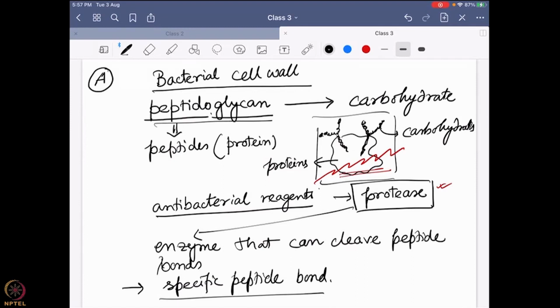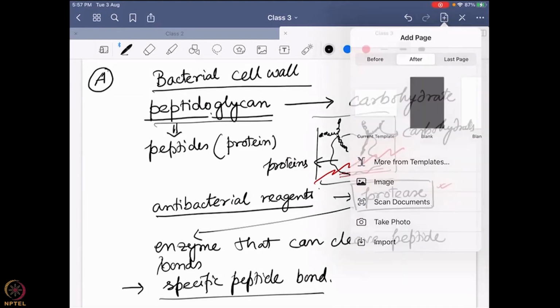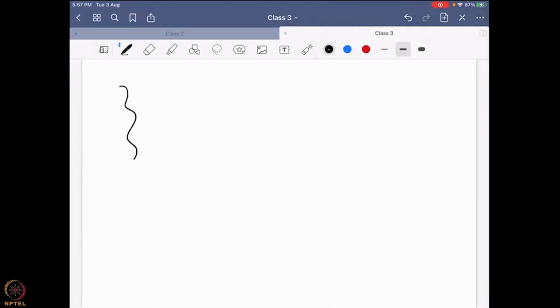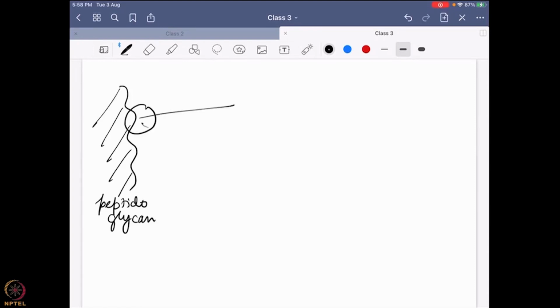So the bacteria says, okay, let's see how the protease is actually detecting the peptide bond. And as I just said, for example, this is the side chain of this peptidoglycan. There is a huge peptidoglycan and I draw it this way, but in reality, if I look closely, what we will find is nothing but amide bonds next to each other.